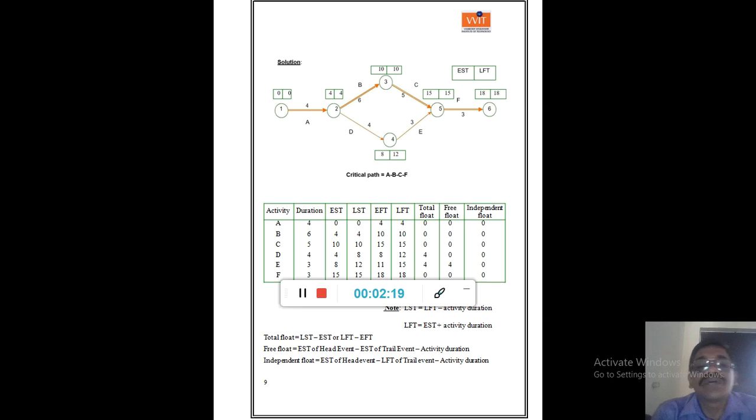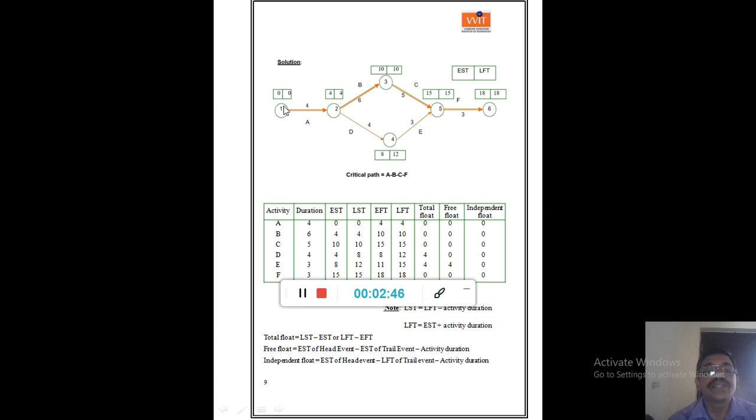First thing we have to do in this problem is find out EST at different events. For example, if you take activity 1 to 2, 1 is an event, that is a starting event or tail event, and 2 is an ending event or head event.